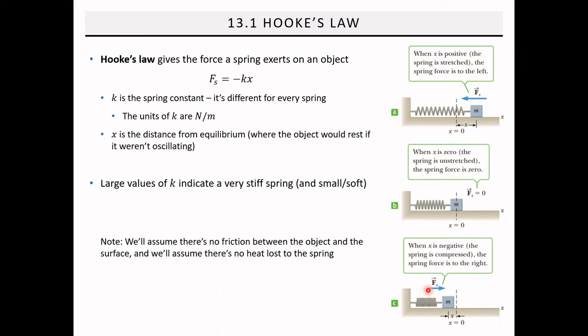Now Hooke's law says that the force that the spring exerts on the object is equal to minus kx. K is something we call the spring constant. K is a number that represents how strong the spring is, and x is that distance that the object is from equilibrium.